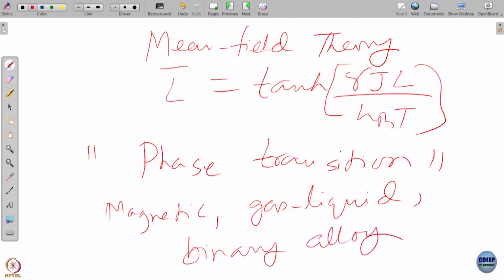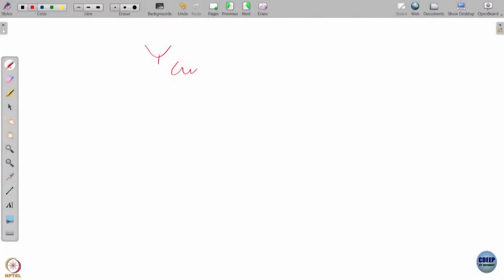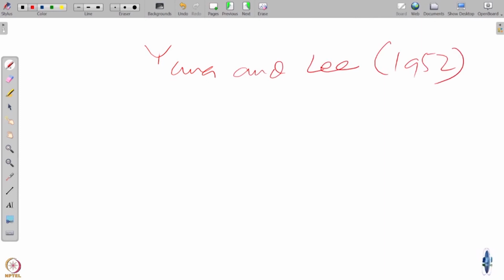All the three, so it shows that these three systems to a certain level are isomorphic, and this was taken further in a beautiful paper that I recommend people to study, by Yang and Lee, in 1952 in Physical Review. He further pushed this analogy between Ising, lattice gas and binary alloy. Actually, some of what we have done follows from this classic paper by Yang and Lee.